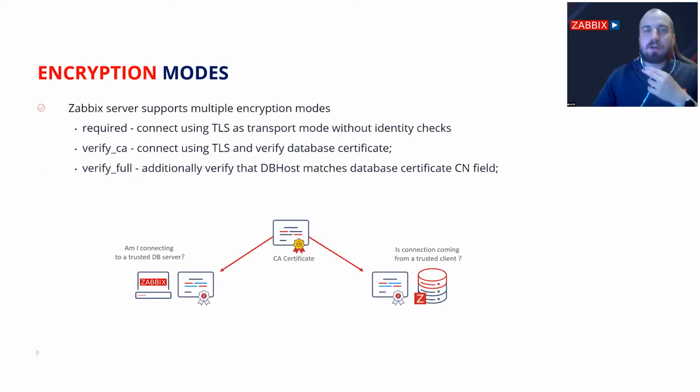Currently in Zabbix, there are 3 modes overall for making the connection secure. The first one is the simplest one, just required. So basically the connection should be using TLS, and that's it.